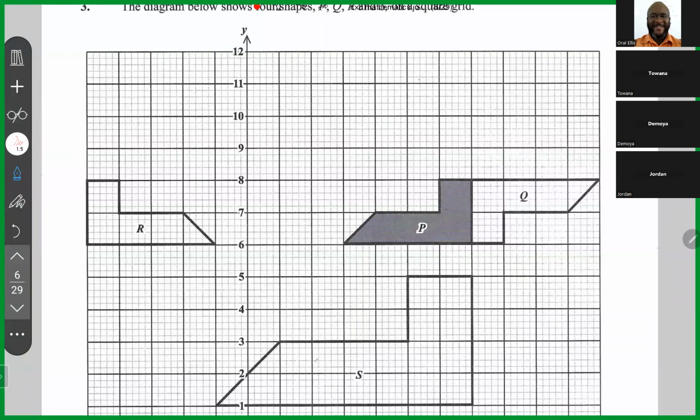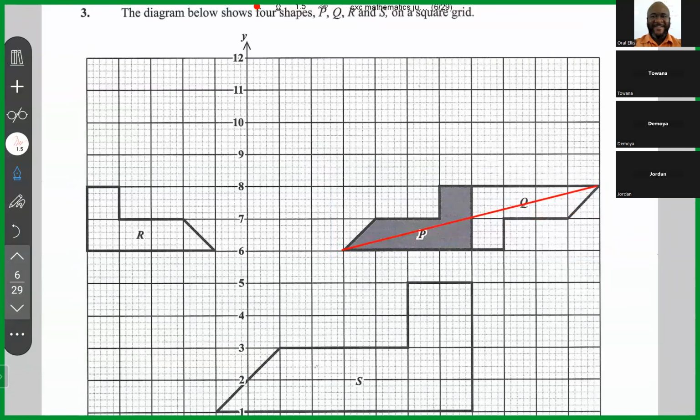All right, by looking at it, I'm going to draw straight lines connecting corresponding points. So this line connects corresponding points on the object and the image. In other words, this point here became this point.